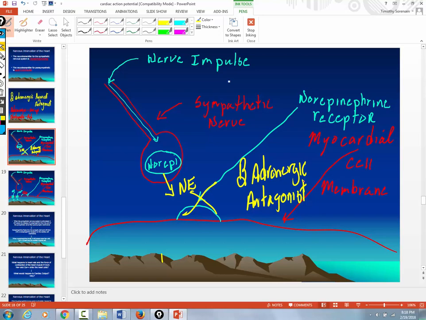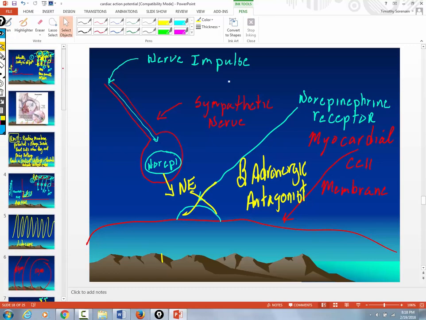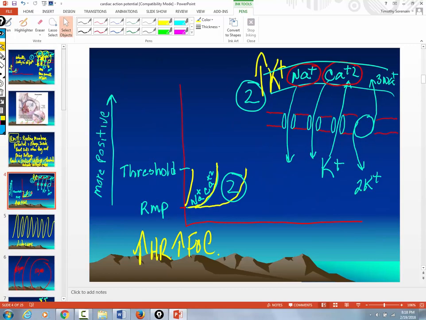What will happen to the heart rate? Why will it decrease? There's less sodium and calcium leaking in, so it will take longer to reach threshold.